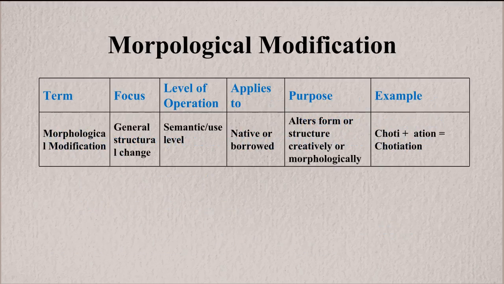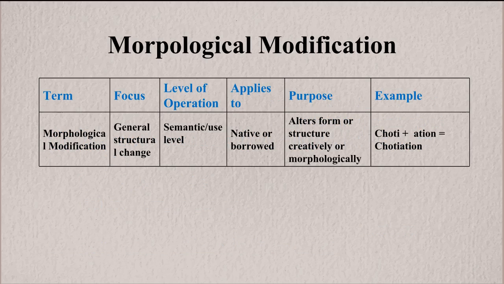This dense information is simplified in the form of a table here. Morphological modification focuses on the general structural changes of the word. It can be applied to both native and borrowed words, provided that borrowed forms have been integrated into the recipient language.